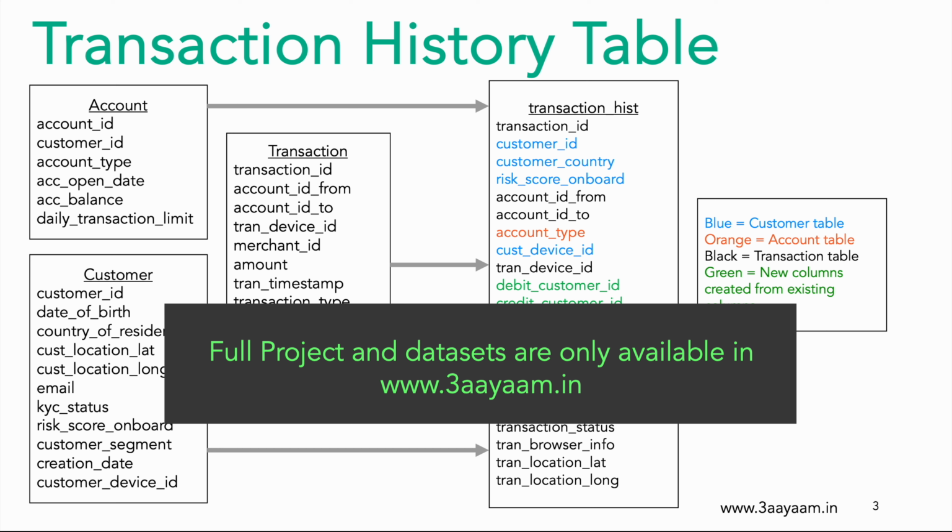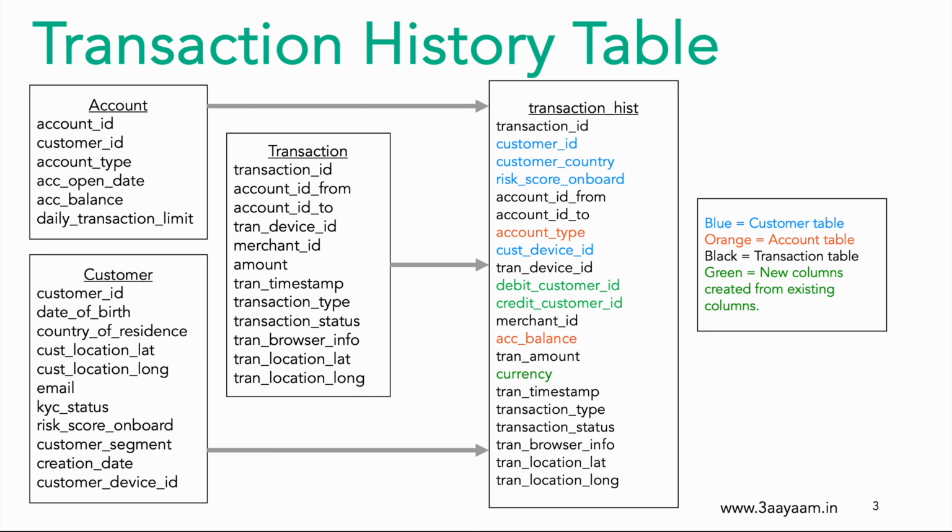And from there, you'll have to do some transformation and load it into the transaction history table, the columns of which are shown here. There is also some color coding. Blue means that you have to get the columns from the customer table. The orange columns have to be fetched from the account table, and the black columns have to be fetched from the transaction table, and the green columns are the ones which have to be created from existing columns using some transformation or the other.